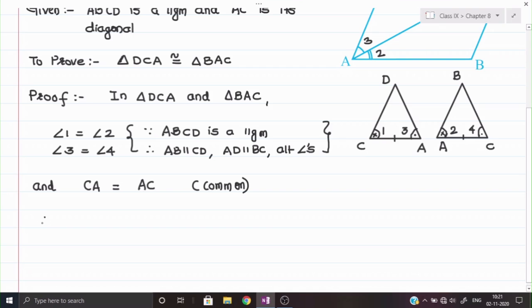Okay, so we can say that therefore triangle DCA is congruent to triangle BAC. That is with the help of the angle side angle rule, and hence we can say that the required task is over.